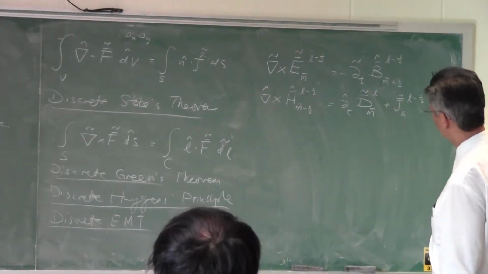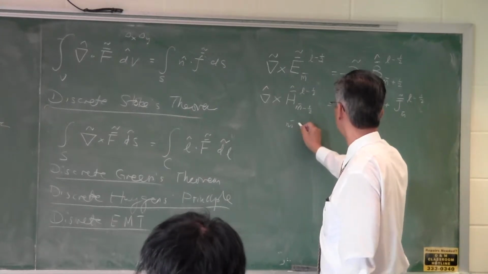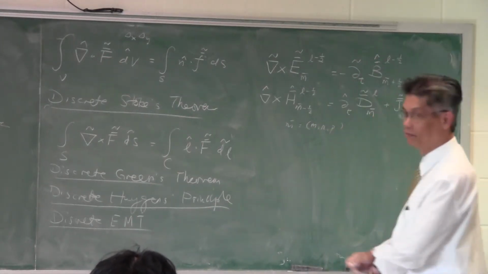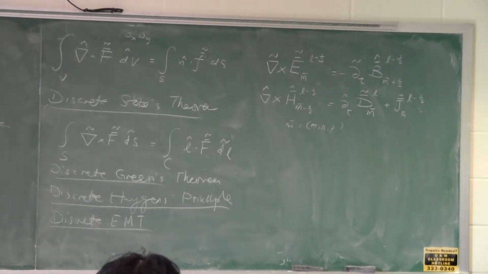And M here just stands for M, N and P. M is a vector notation that stands for the grid point M, N and P.